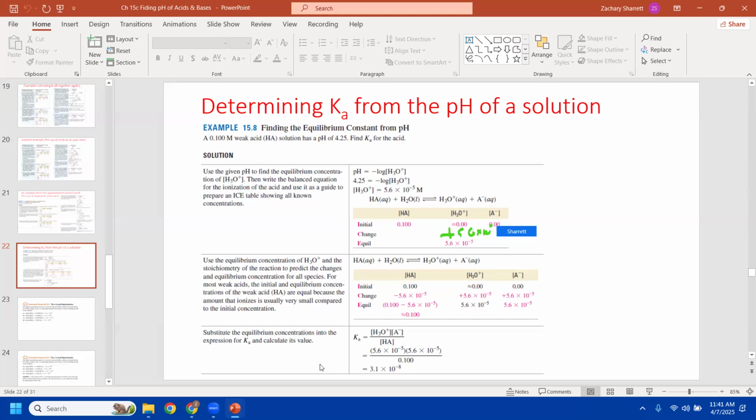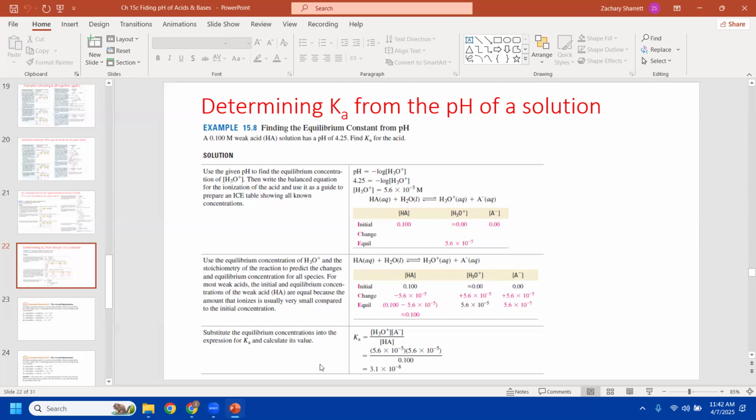So we have to add 5.6 times 10 to the negative 5. That also means to the A minus, we add 5.6 times 10 to the negative 5. And that also means we subtracted 5.6 times 10 to the negative 5 from the initial concentration of our weak acid. Everybody see that?